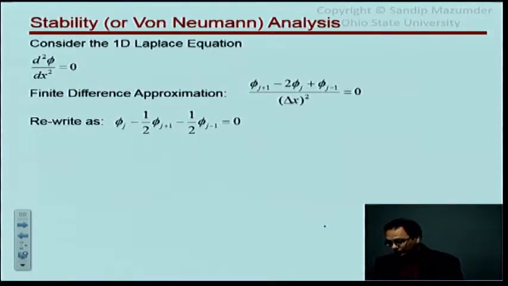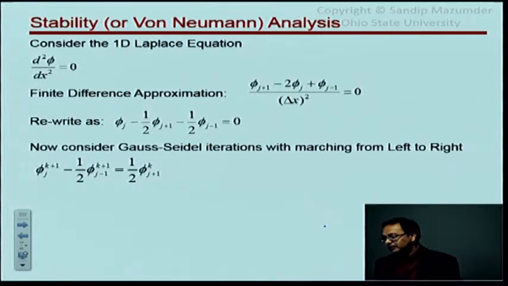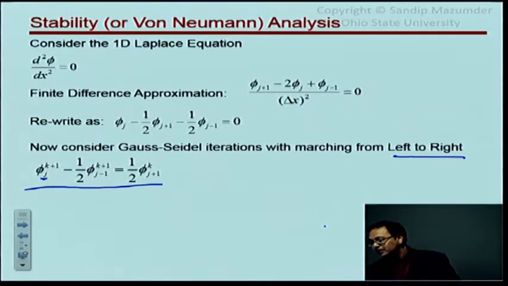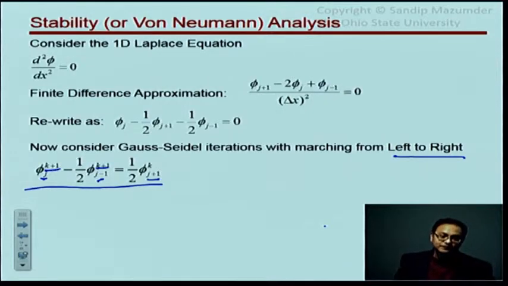If I write it in Gauss-Seidel iteration form with a left to right sweep, then the j and the j minus 1 have index k plus 1, and the j plus 1 has an index k, because the one to the right is always treated explicitly. Everybody understand that?